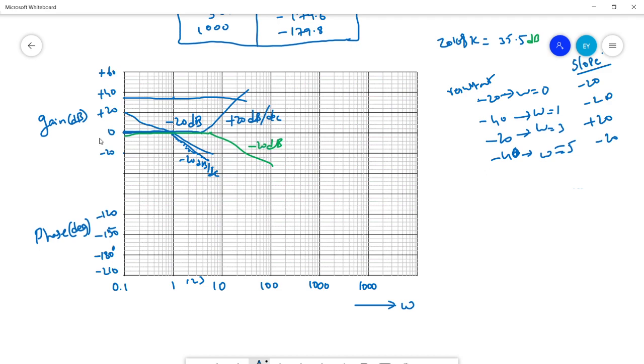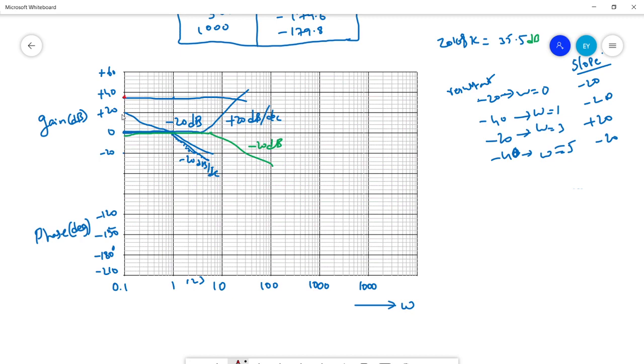It is starting from 0 and coming towards omega equal to 5 and going towards minus 20 dB per decade, right? Now we need to add all the poles and zeros to the actual gain. The actual gain is 35.5 dB, right? This we have calculated from K. So the initial point is at 35.5.